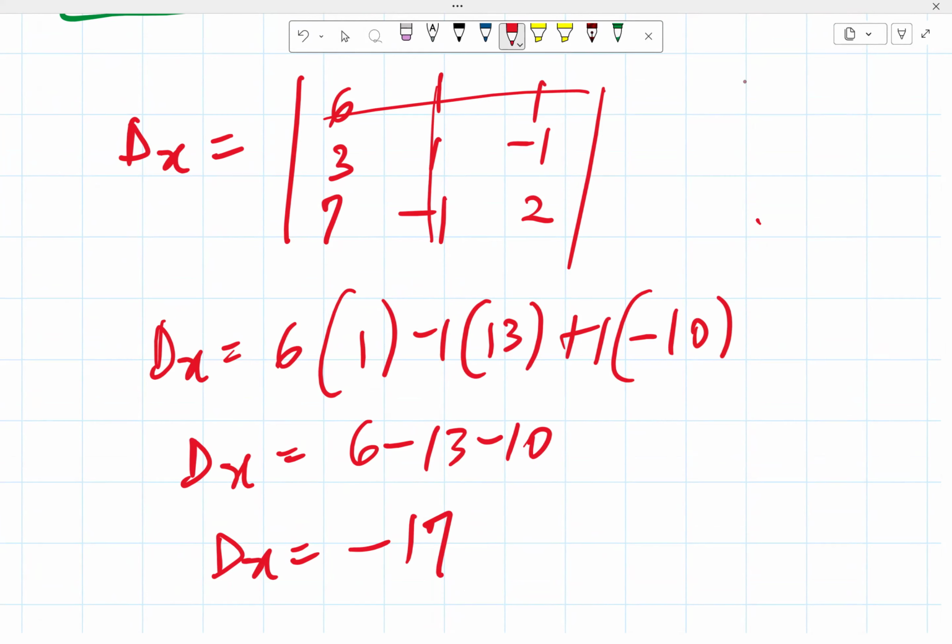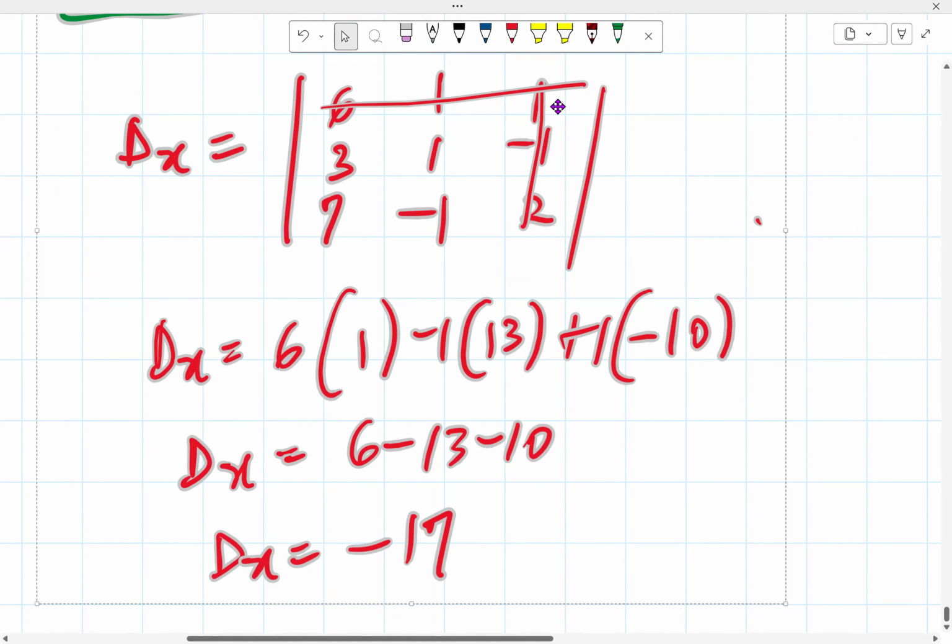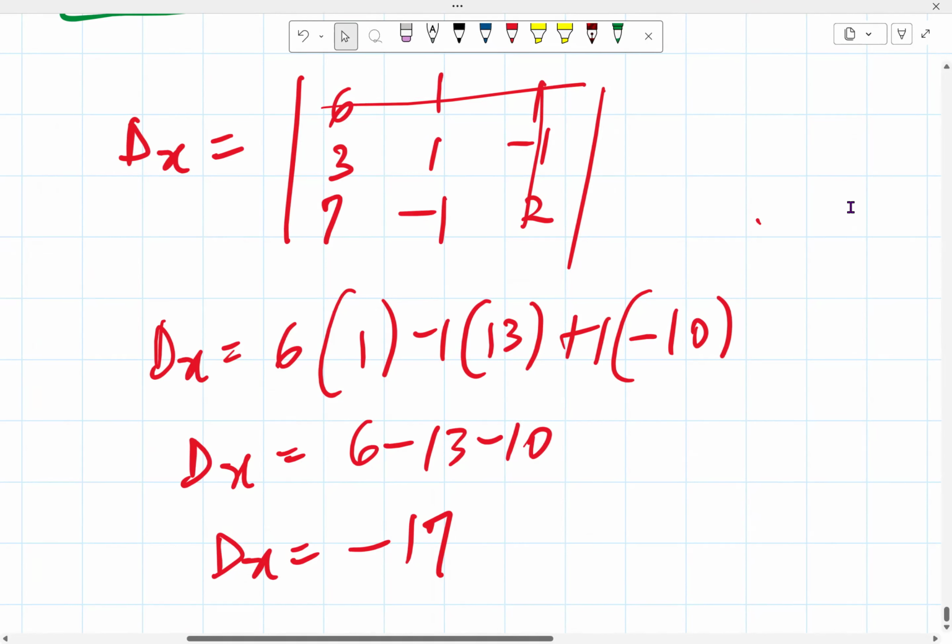This is 6, 3 times 2, 6 minus 7, that's 13, plus 1 into this and this will go. So minus 3 minus 7. That's minus 10. So I feel something is not right here. Maybe that was wrong. Let me check. So I guess something is not working right here.